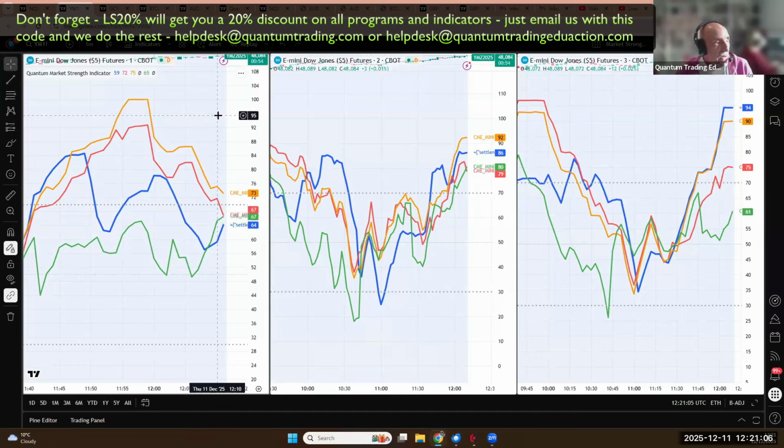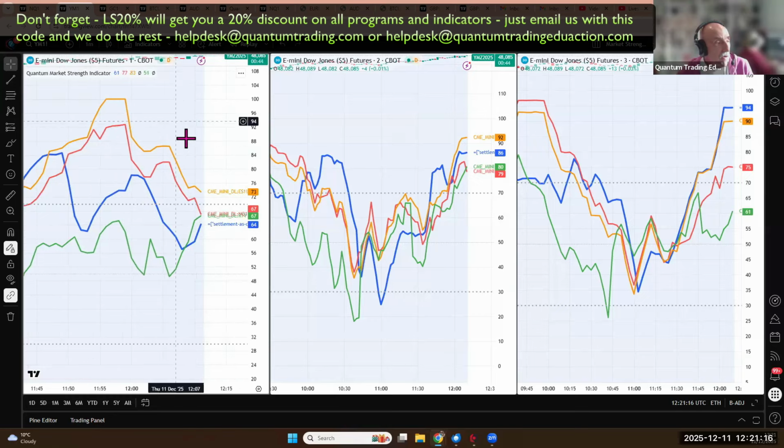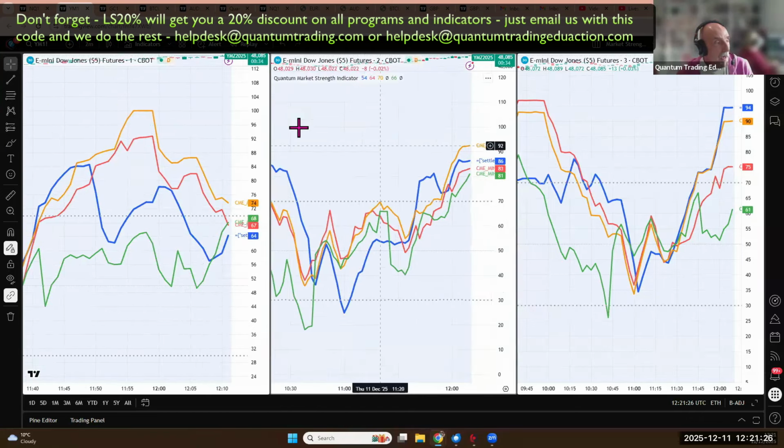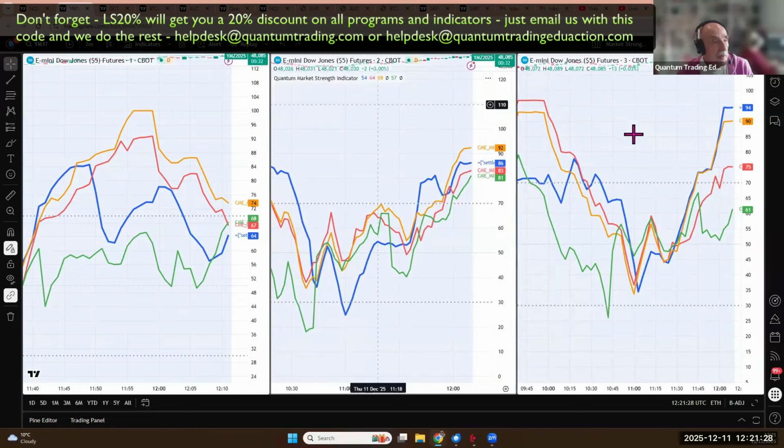In this case, I've got currency futures, so I've attached this to the Dow Jones, which is the blue line here. And on top of that, I've then got the 3 other indices. I've got the ES, I've got the NQ, and I've got the Russell, each of those denoted with a different colored line. And the same here, this is on 1 minute, this is on 2 minute, and this is on 3 minute.